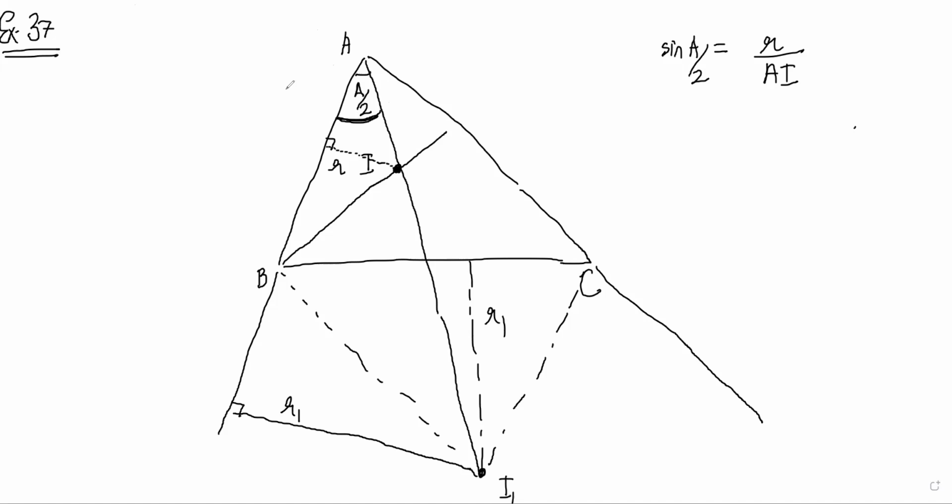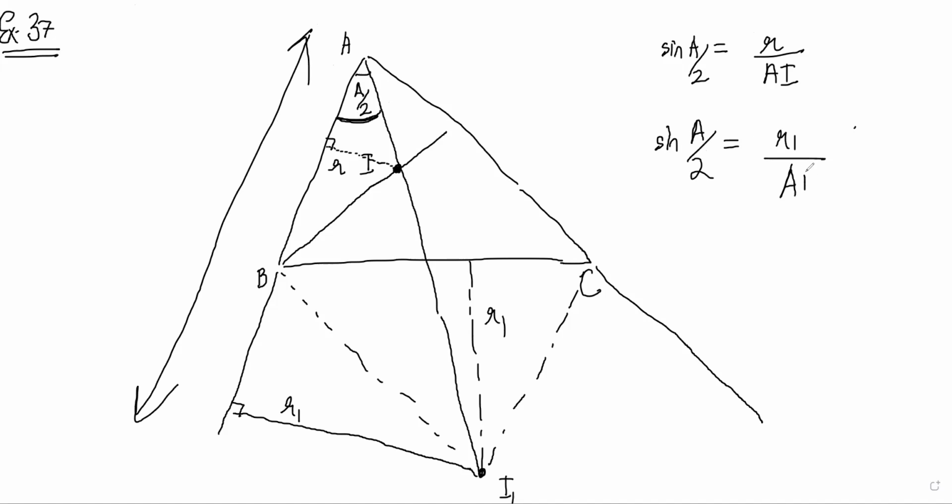So same philosophy, it's the same triangle, big triangle now. You will say sine of A by 2 is equal to r1 by AI1, right? AI1 will come as r1 cosec A by 2, right? Yes, sir. Okay, so the third one is obviously easy.